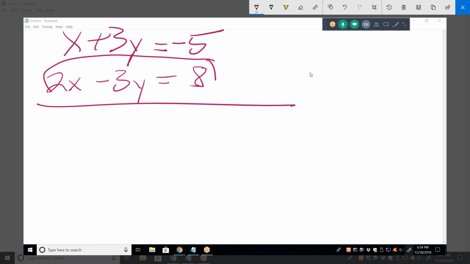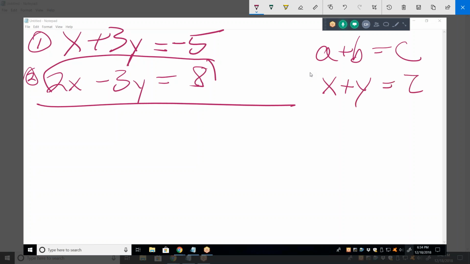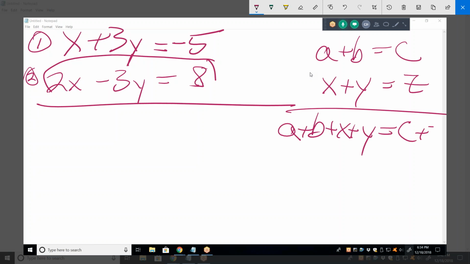What can you do to equations? Can you add them? Can I add equation number 1 to equation 2? Yes, you can. If I have a plus b equals c, and then I have x plus y equals z, I can add those two equations. So a plus b plus x plus y equals c plus z.